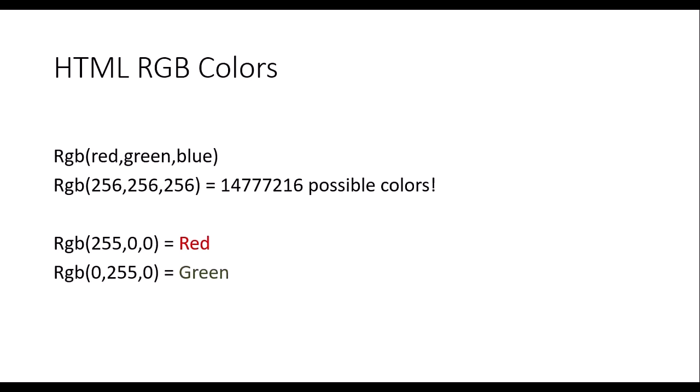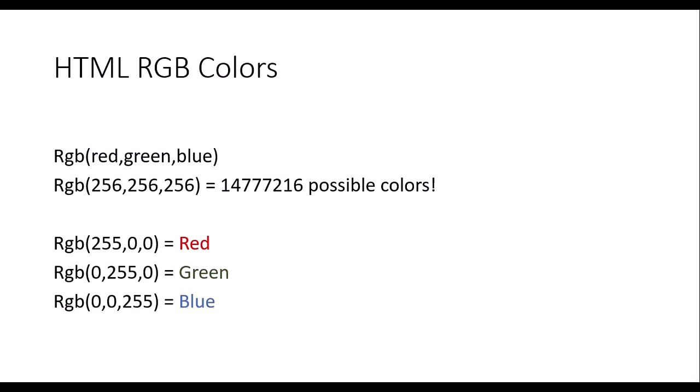Another example, which is 0, 255, 0, is displayed as green because green is set to its highest value, which is 255, and the two others, red and blue, are set to 0. And this one, as you can see, is blue because blue is set to its highest value and the two others are 0.